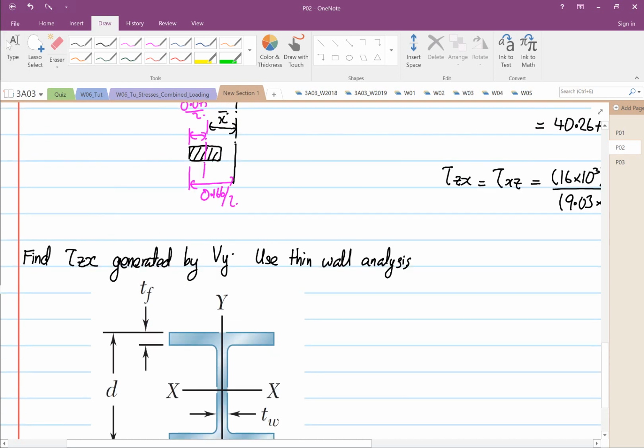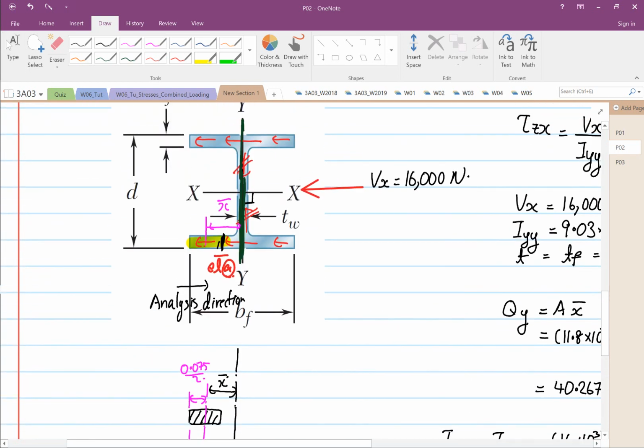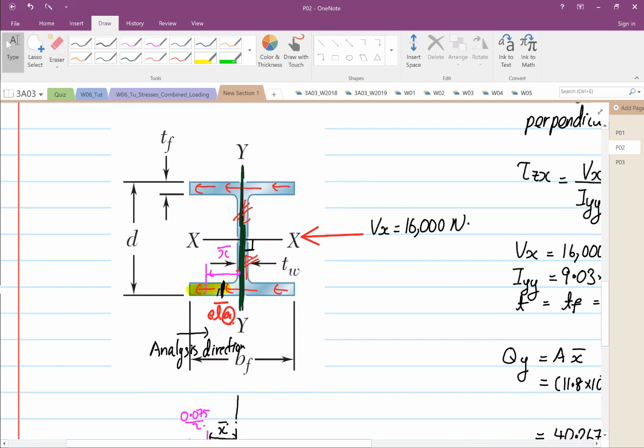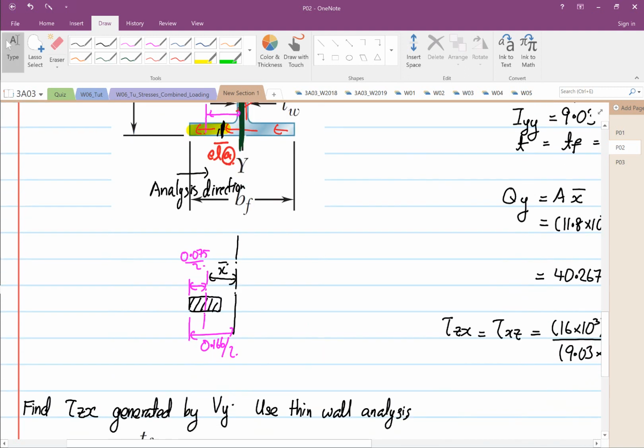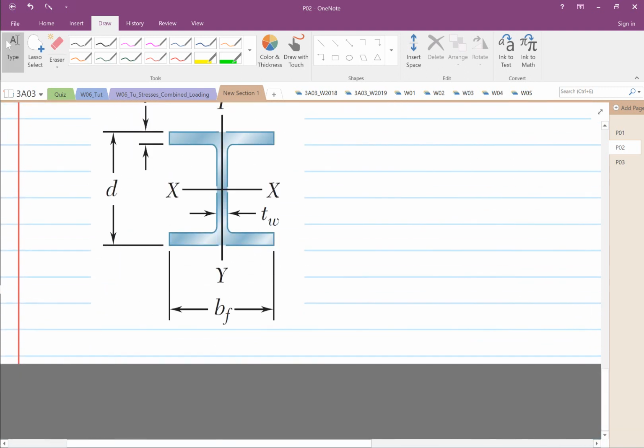Okay, hi. So in the last lecture we talked about the shear in the ZX component generated by Vx, which is 16,000. Now we have another shear force, acting in this direction, and it's inducing a shear force of 2,500 Newton.